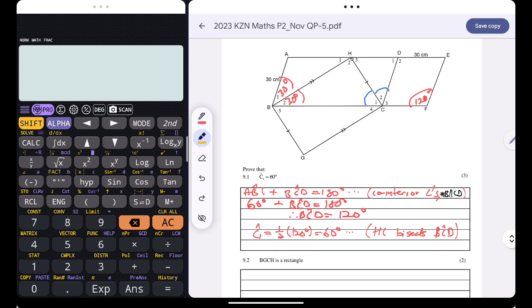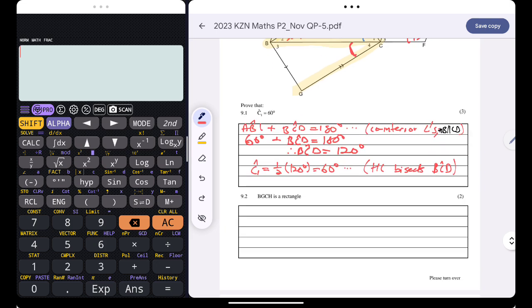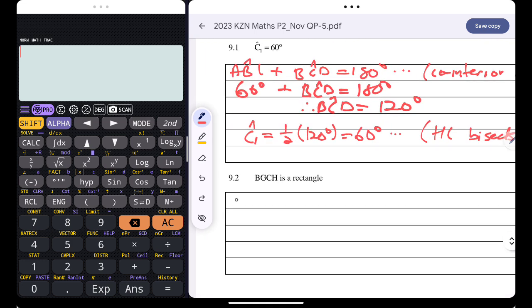Remember that these two lines are parallel, right? Line BF and GC, they are parallel. So that simply means that I have alternating angles in here. So that means angle C4 is 90 degrees.